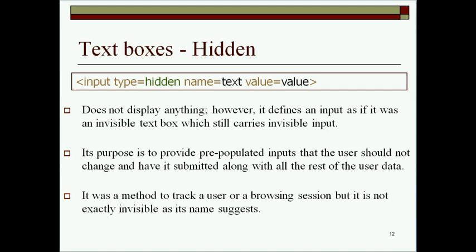So the cart ID might be a hidden element that is provided like a hidden text box along with the form to a user. So whenever the user sends information back to the server, for example, add this item to my cart, the hidden field and the value that it had, which should be unique for different users, would tell which cart the item has to go into.